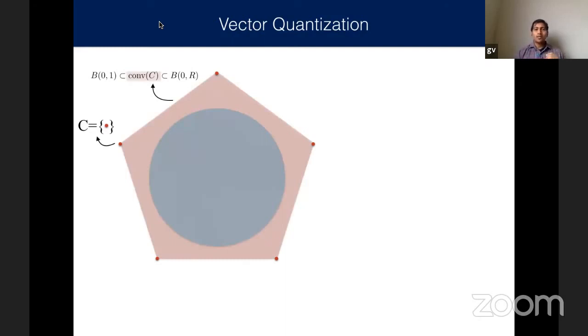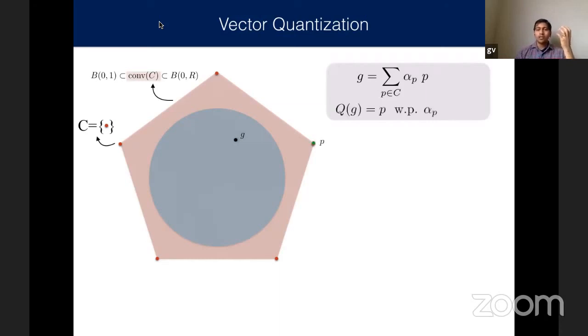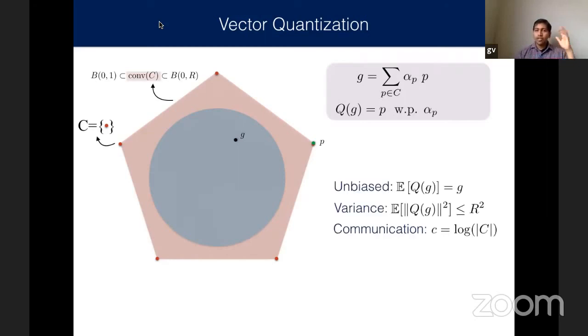Okay, so given this setup, any point within the unit ball can now be written as a convex linear combination of the vertices of this convex hull. And the quantization essentially returns a vertex of this convex hull with probability proportional to the coefficient of this convex combination.